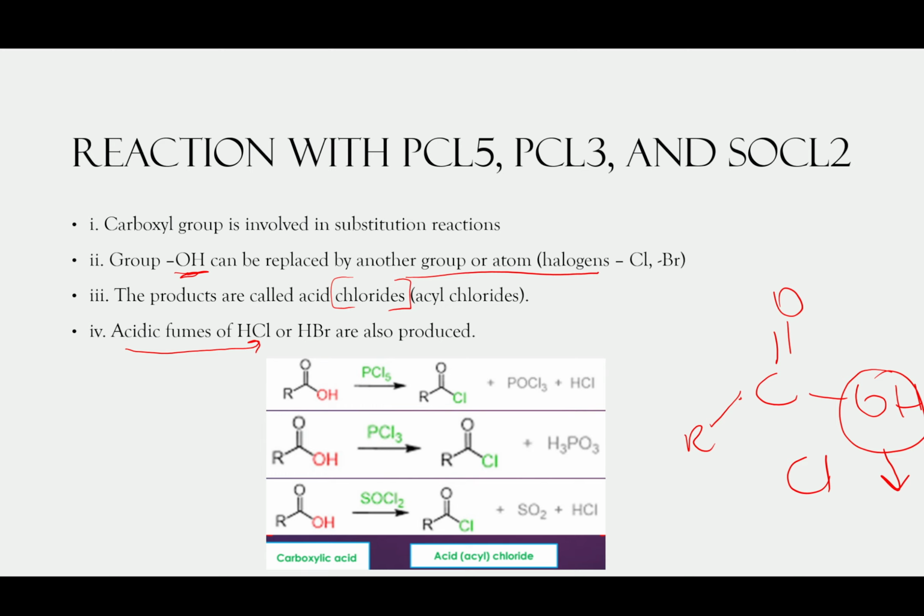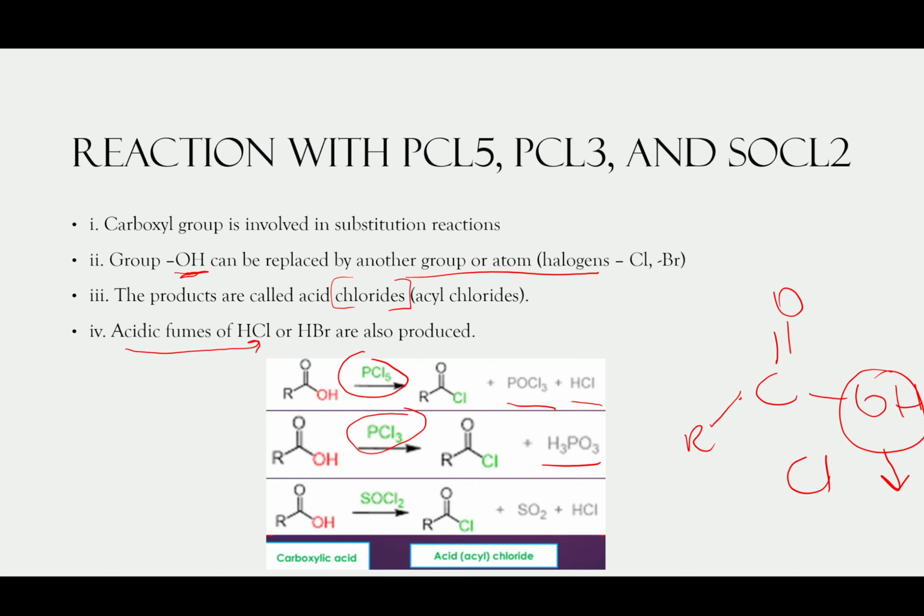Okay? So PCl5 reacting with an organic acid will give us the acyl halide. Notice that the acyl halide is always produced. But with PCl5, we have the creation of POCl3 and HCl. Note that. With PCl3, we have the creation of phosphorous acid.